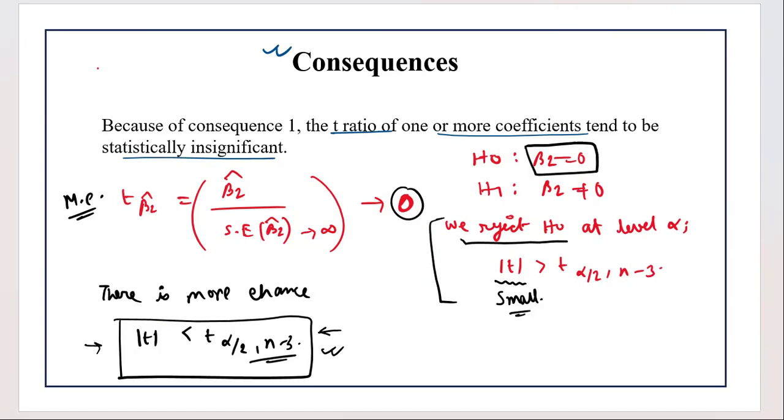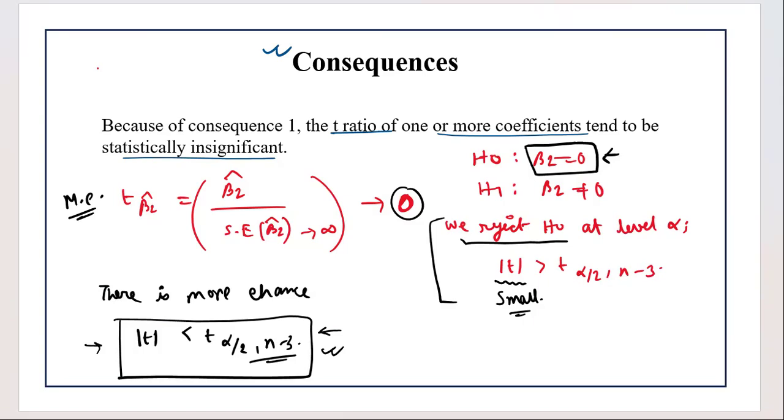But under multicollinearity, it is very likely that we would be in the acceptance region, and hence we would fail to reject the null hypothesis. And thus, what will be our conclusion? The conclusion will be beta 2 exactly equals 0, which means that X2 is a statistically insignificant variable, right? So I hope this consequence is clear.